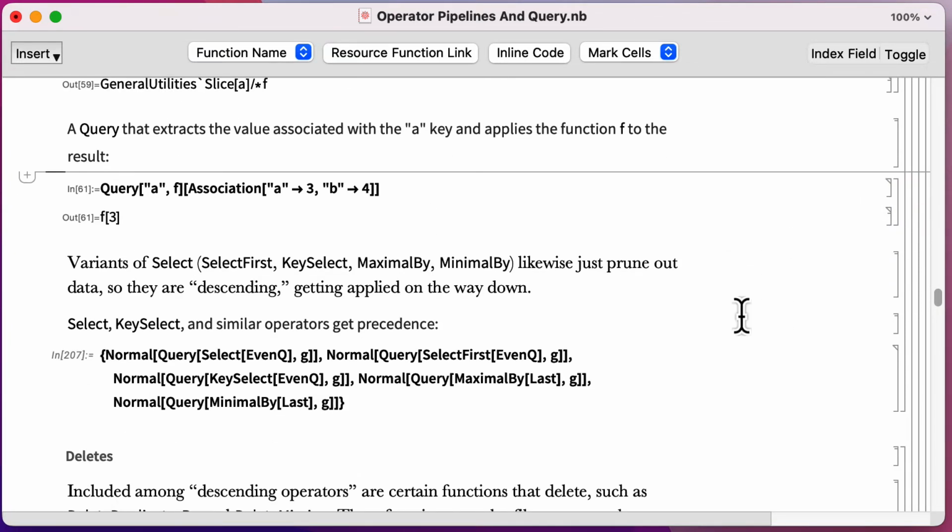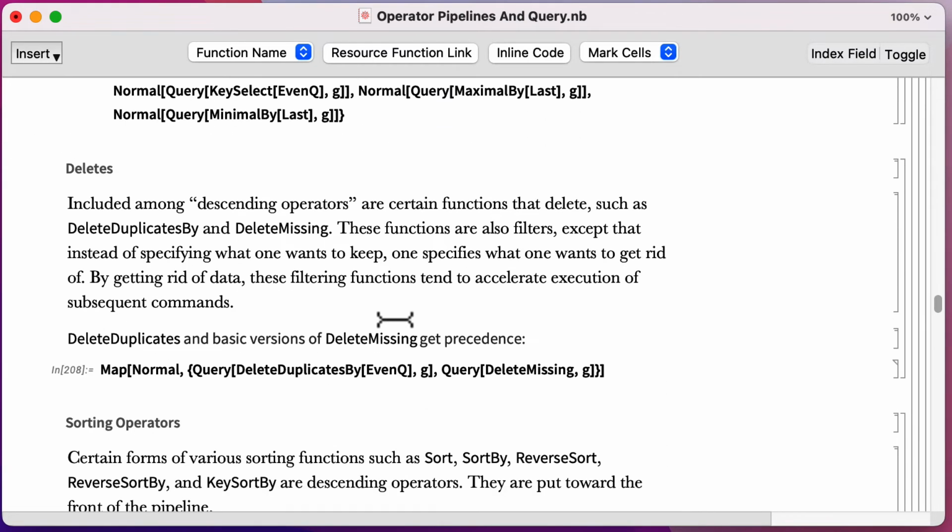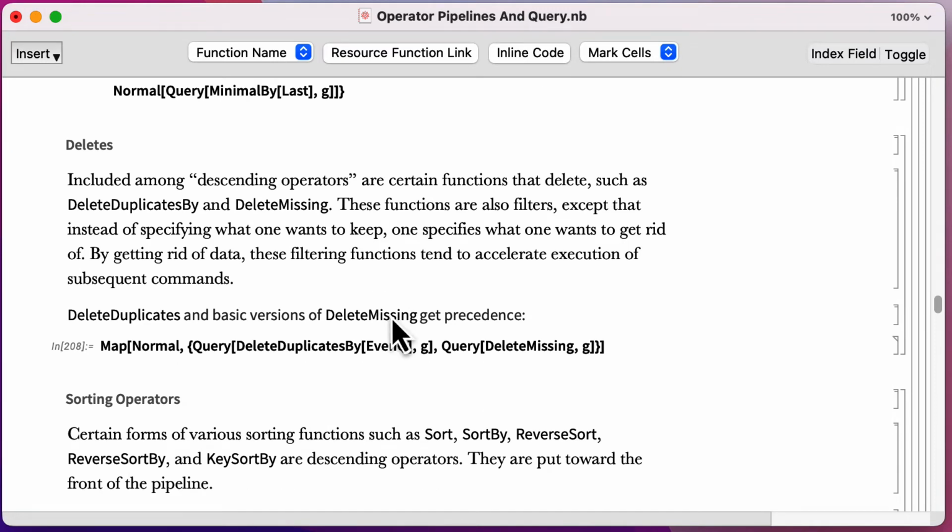All right, there are variants of select first, key select, that are also descending. What else is descending? Deletes. If you have data that you want to get rid of, you might as well get rid of it first. And so various functions that delete tend to be descending operators. Here I'm going to delete duplicates.